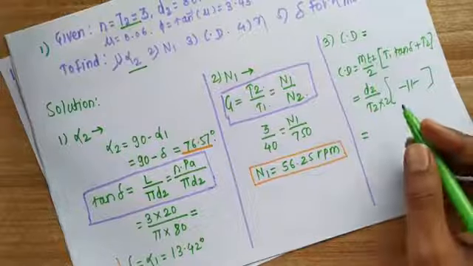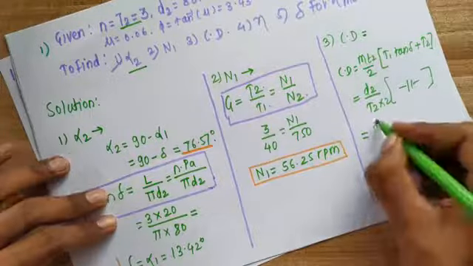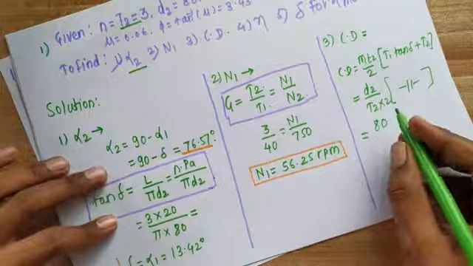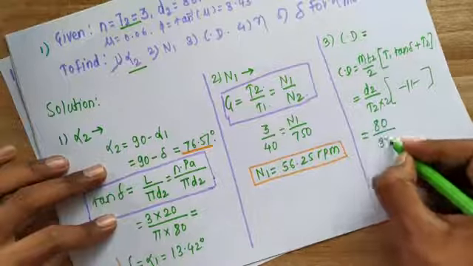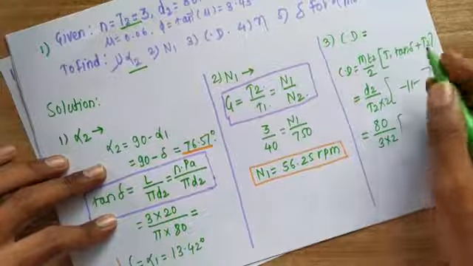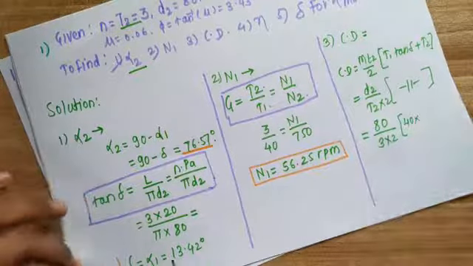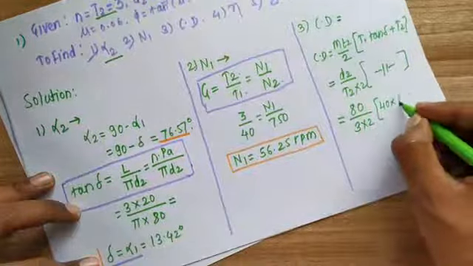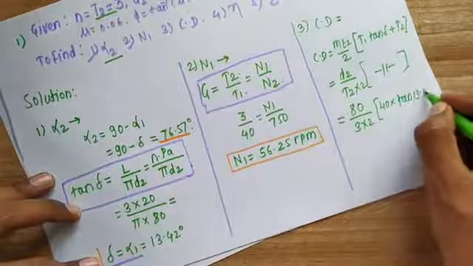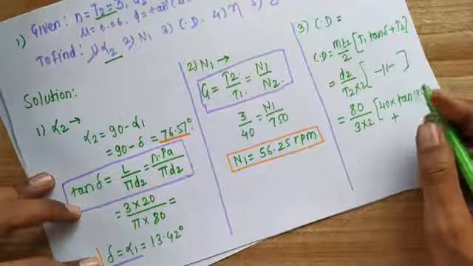So just putting values, how much is D2? 80 mm as given, upon T2. T2 is 3, into 2 in bracket, T1 tan delta. How much is T1? 40 into tan of delta. Delta we just found out, 13.42. Tan of 13.42 plus T2.